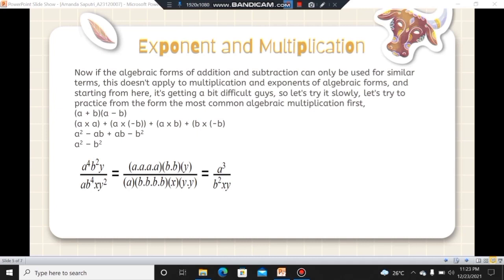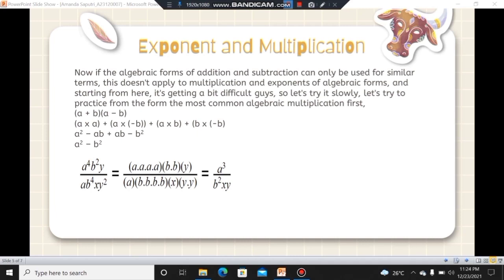For division, to make it easier to solve, we expand again one by one: a times a times a times a, times b times b, times y, divided by a, times b times b times b times b, times x, times y times y.